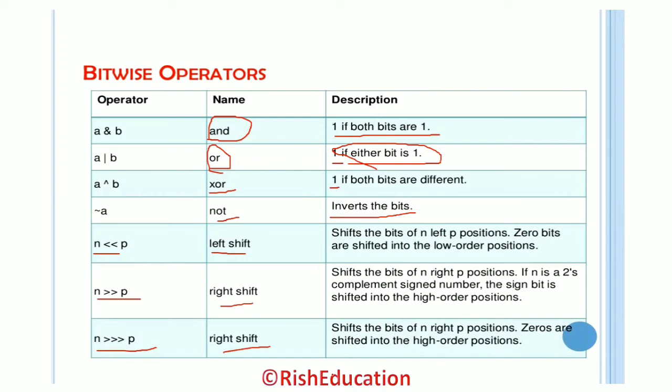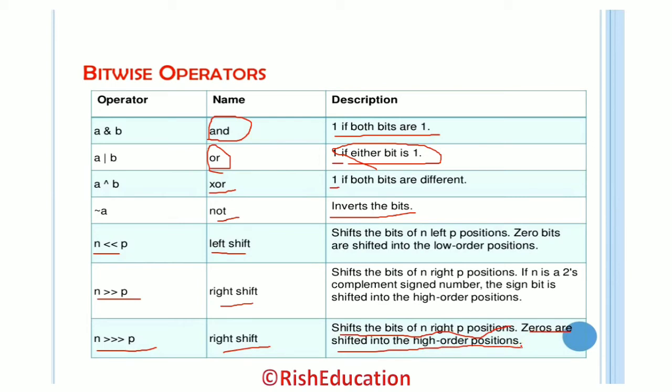So the unsigned right shift operator shifts the bits of n right by p positions, and zeros are shifted into the high order positions. So these are the bitwise operators.